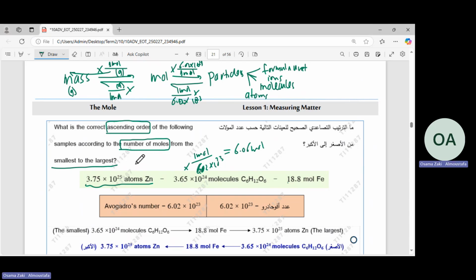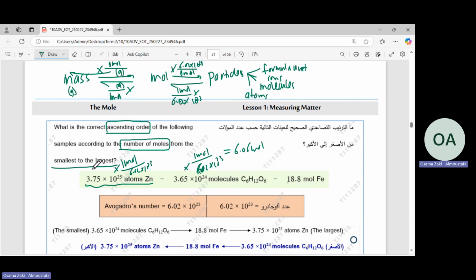What about the other one? Here we have 3.75 times 10 to the power 25 atoms, multiplied by 1 mole over 6.02 times 10 to the power 23. I will try to find it on my calculator. Here we have 25, and here we have 7.